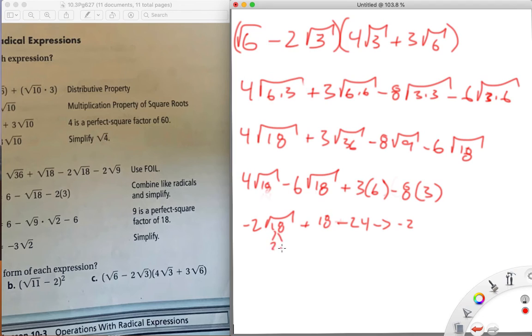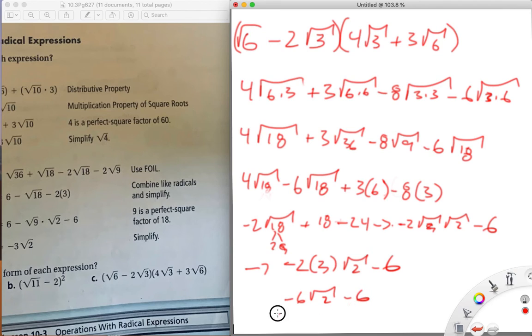That's a 2 and a 9. So square root of 9 times the square root of 2 minus, this would be what, a 6? Minus 6. Then I can pull out that 3. So negative 2 times 3 times the square root of 2 minus 6. 3 times 2 is negative 6, so I have negative 6 square root of 2 minus 6, and I'm done.